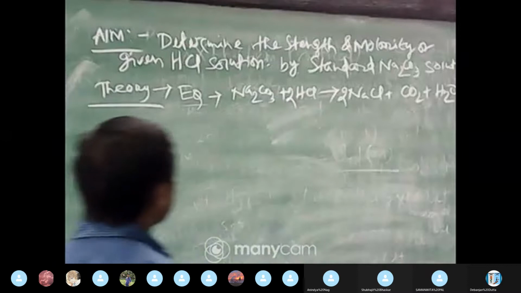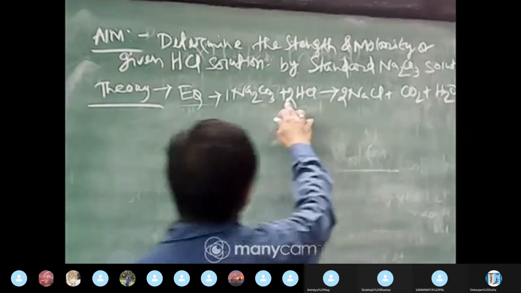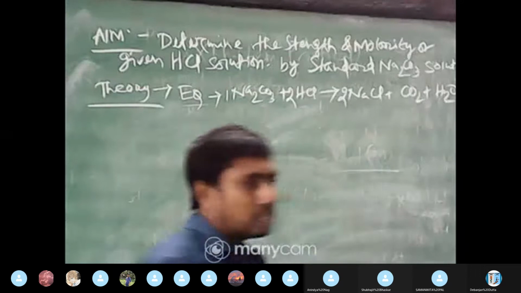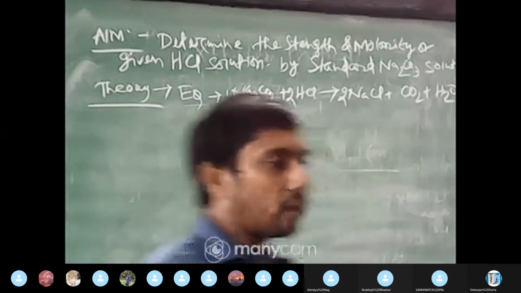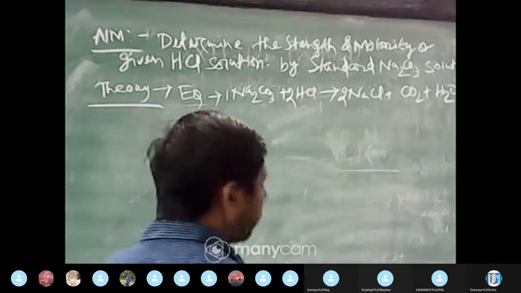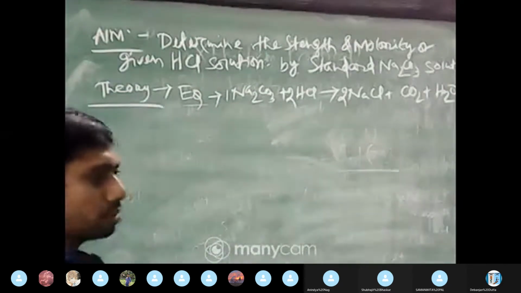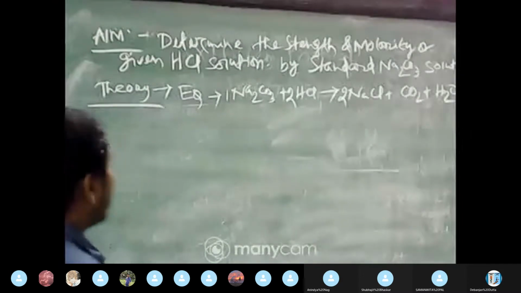This is the balanced chemical equation. 1 mole of sodium carbonate consumes 2 moles of HCl. This numerical proportion is required when we do the calculation. Just remember it: 1 for Na2CO3 and 2 for HCl.